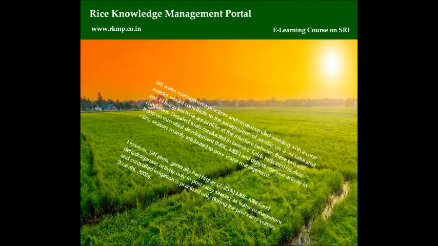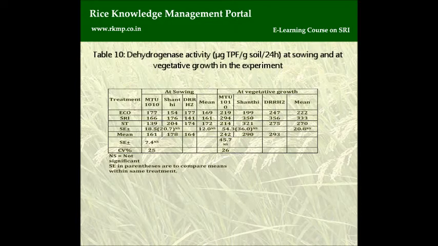Kranti 2005. Table 10. Dehydrogenase activity, microgram TPF per gram soil per 24 hours at sowing and at vegetative growth in the experiment.